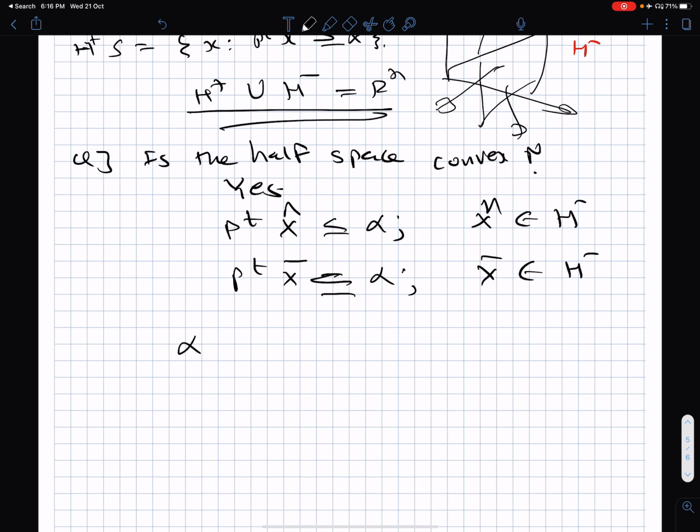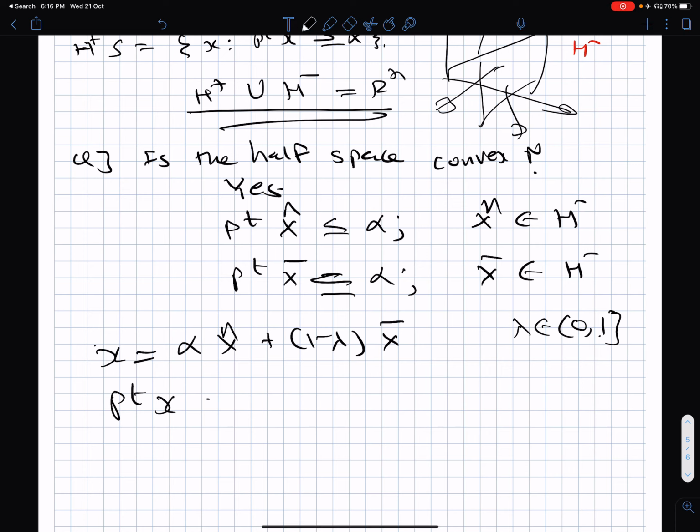Now look at the convex combination of the two. So lambda comes from 0 and 1, and then this is my x, a convex combination of the two points x bar and x hat from the half space, and now evaluate p transpose x.